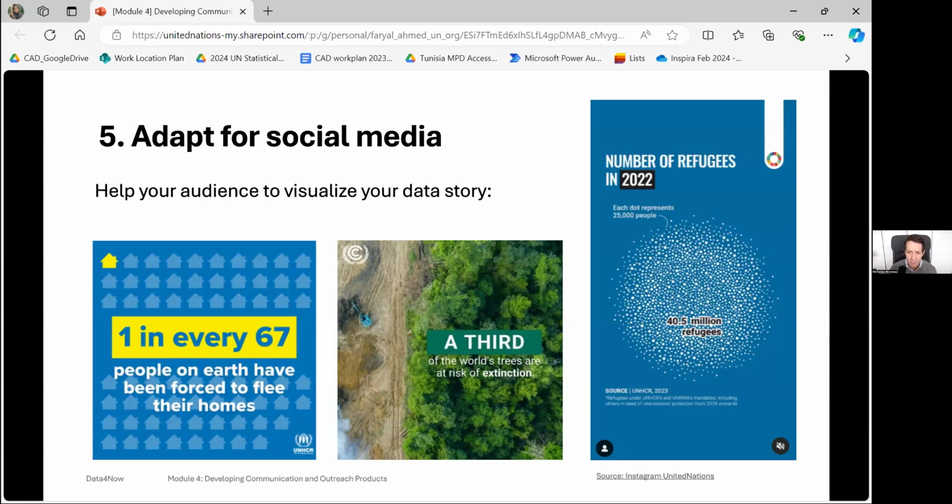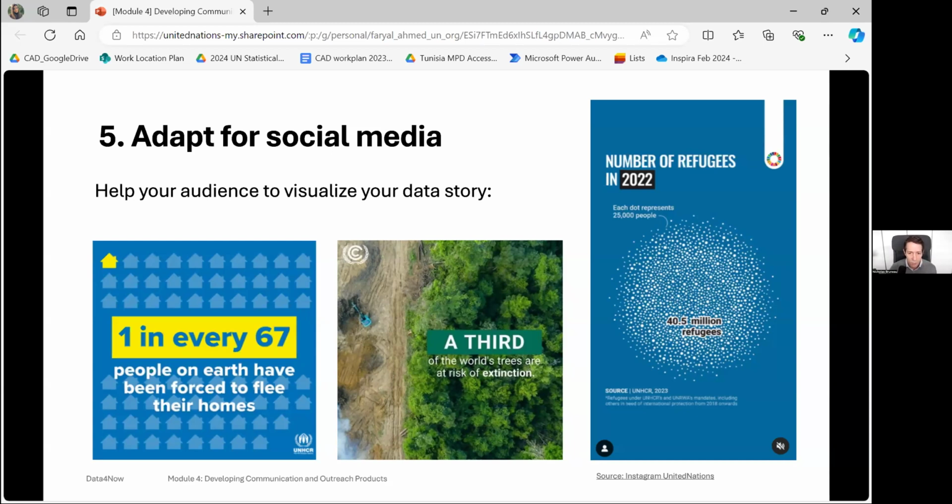The one on the right is actually a visualization that moves so that each point grows and grows. So it's really finding ways to help people visualize, maybe in an animated format, some of the data that you're talking about, to encourage them to learn more, to encourage them to click through. So try to find some different ways to pique their interest.